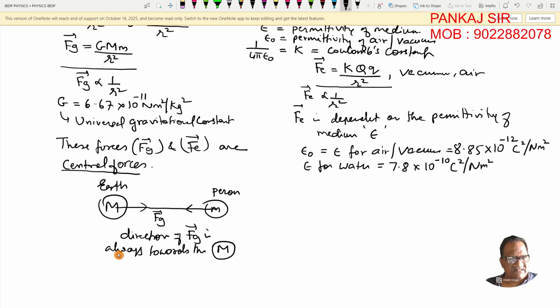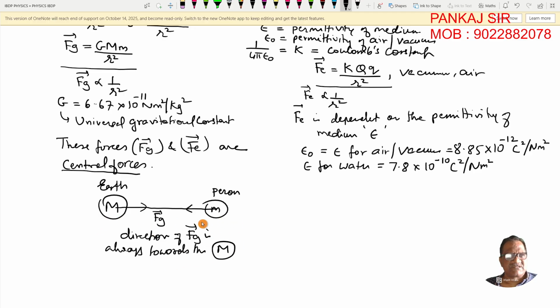For example, in Newton's case, when he observed the apple come down from the tree and fall on his head, the apple being a smaller mass came towards the center of the Earth. It came onto the Earth's surface. It was not the other way. The Earth did not move towards the apple. That is the simple logic behind that, right?